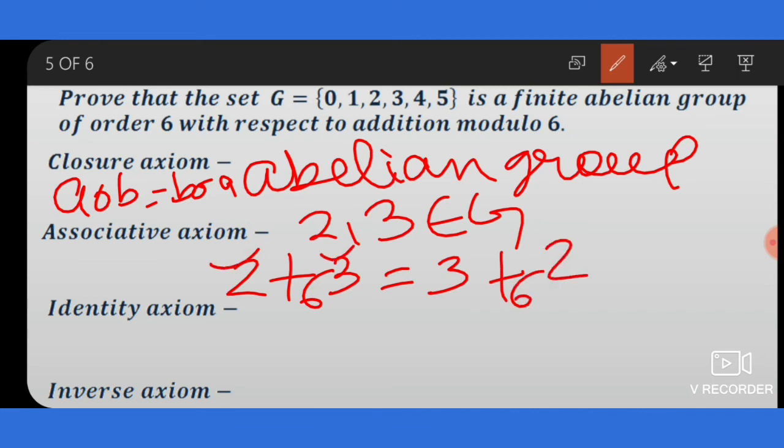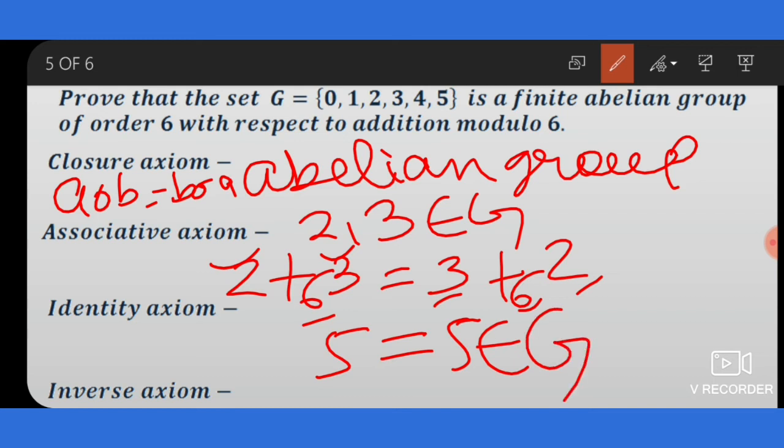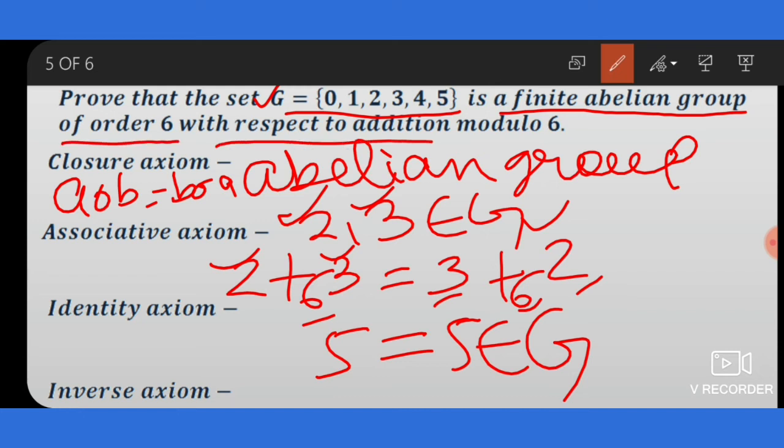Then 2 plus 3 equals 5, and 5 is less than 6, so 5 equals 3 plus 2 equals 5. Now 5 modulo 6, the remainder 5, also belongs to G, for all 2, 3 belonging to G. Now the set G is a finite abelian group of order 6 with respect to addition modulo 6.